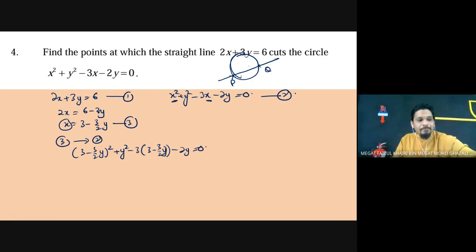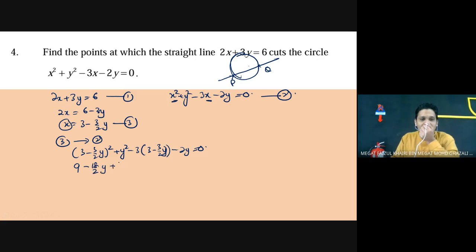Okay, so 3 times 3 equal to 9. 3 times negative 3 equal to negative 9. Another negative 9, negative 18 over 2y.